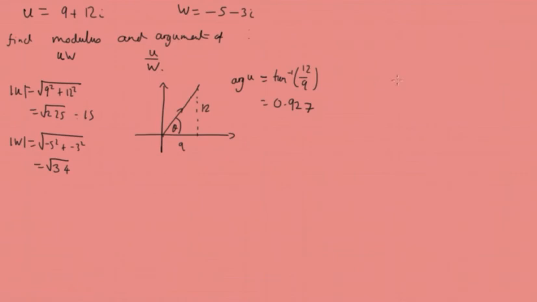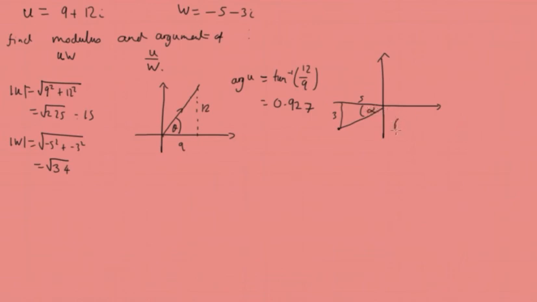And then we have minus 5, minus 3. So this is 5 and 3, and this will be alpha.